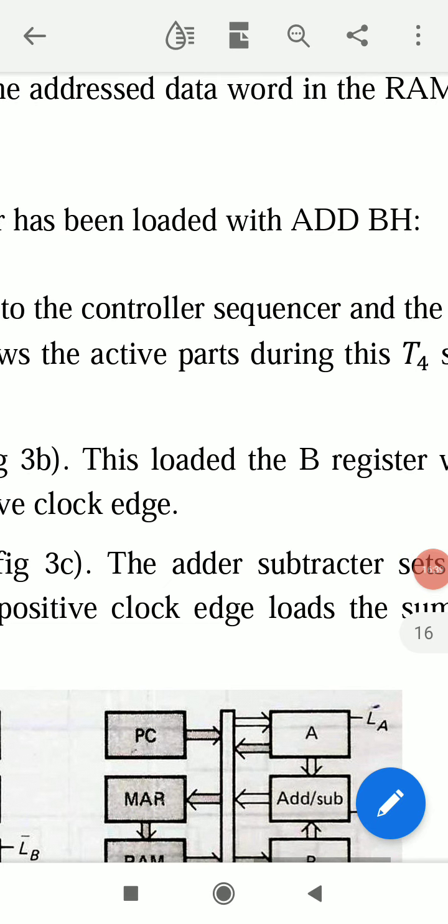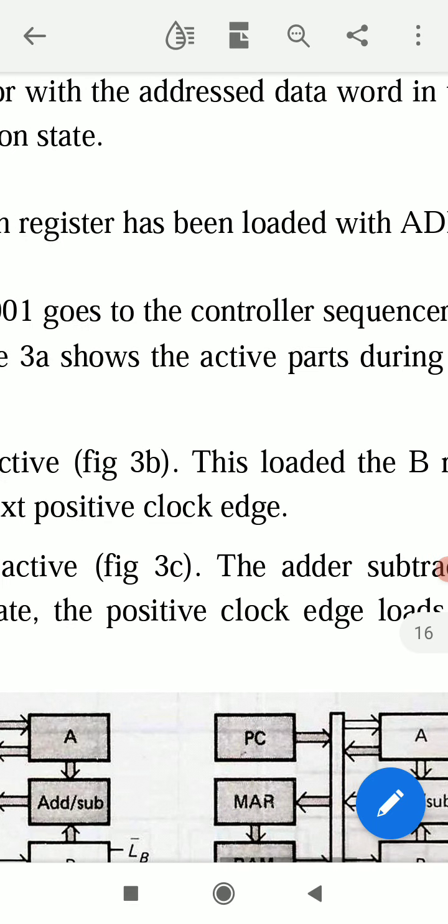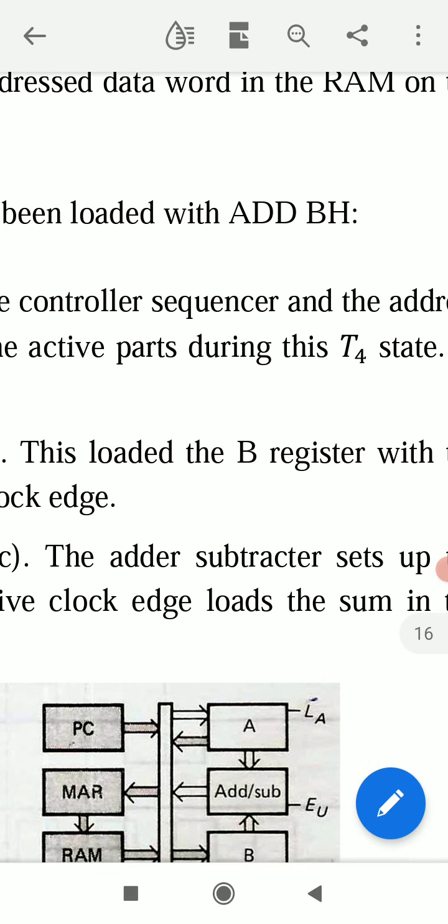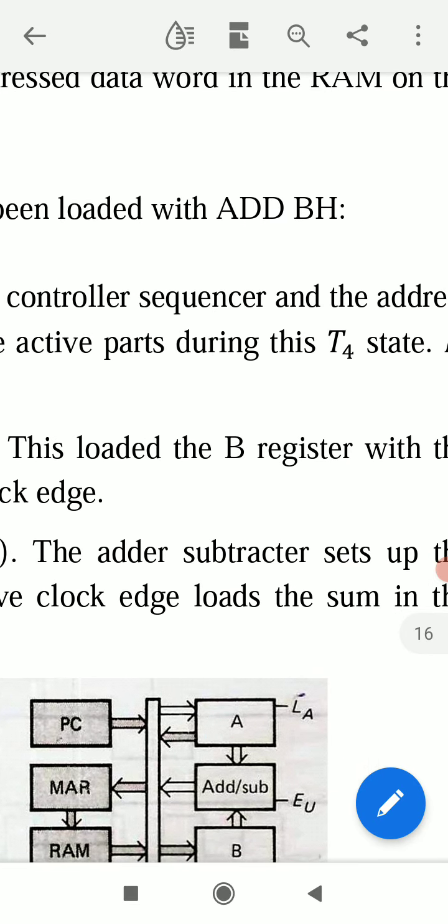To add or subtract, we need two words. One word is to be stored in accumulator, A register, and second word is to be stored in B register. First of all, we store the accumulator by first word, by first instruction, that is LDA, load accumulator. And now we want to execute this instruction add BH.